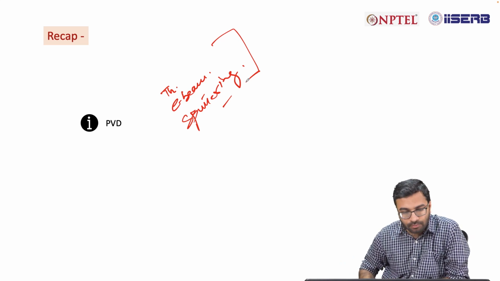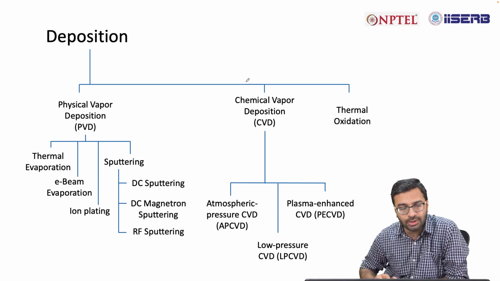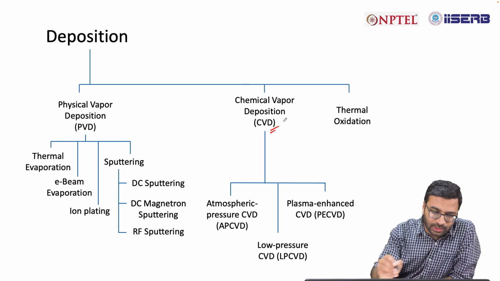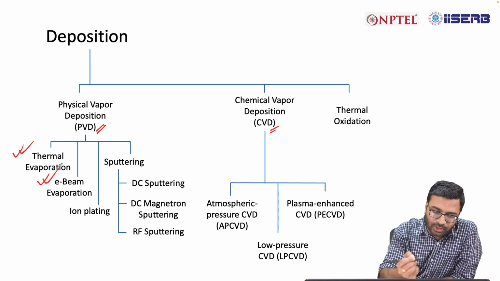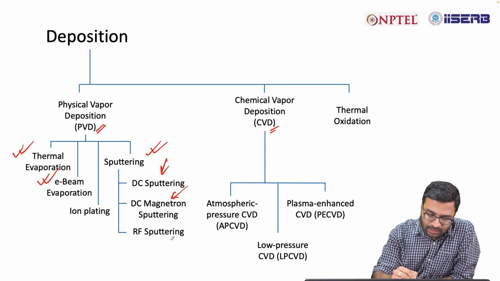Now we will slowly move to the next deposition technique, which is known as chemical vapor deposition. In physical vapor deposition we have seen thermal evaporation, E-beam evaporation, and the sputtering technique, and within sputtering there are other classifications.